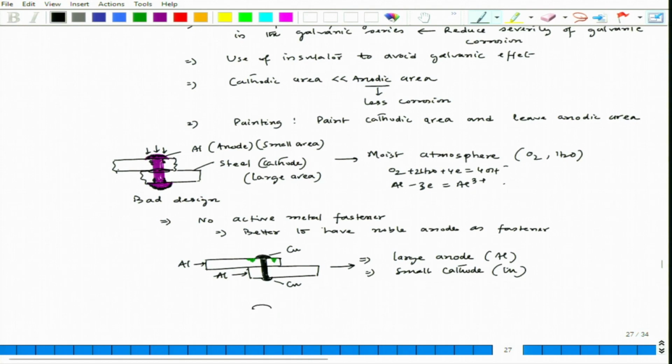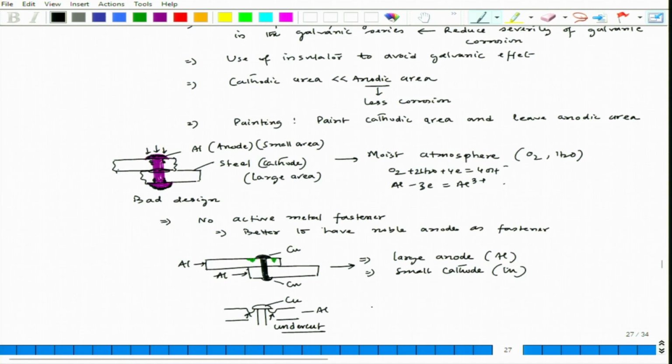You have copper and this is the aluminum. So, you can have undercut. This is copper, this is aluminum. So, this undercut is possible. In this case this is also not sufficient for the protection.